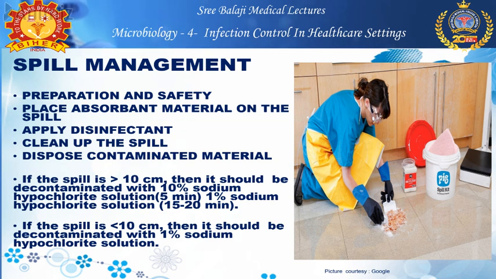Then you collect the other infectious materials in the tray and discard them. Usually they will be non-plastic, so you can go for yellow discarding. This is how you have to follow it. Once all this is done, you have to ask the biomedical housekeeping person to clean the entire room using an appropriate disinfectant.